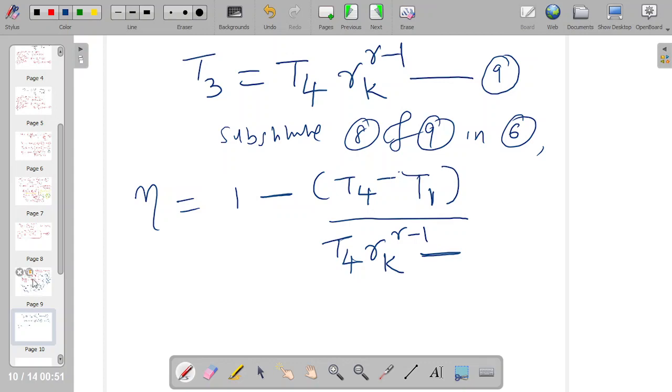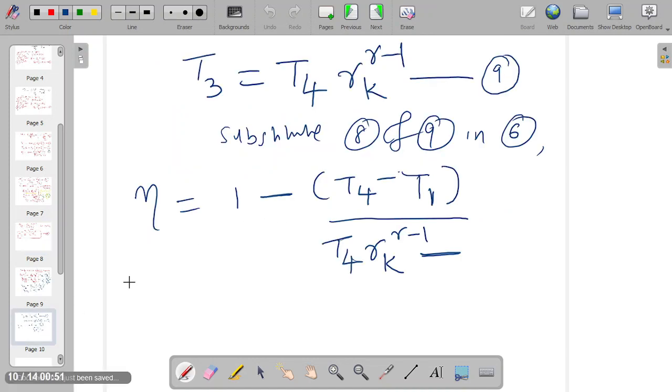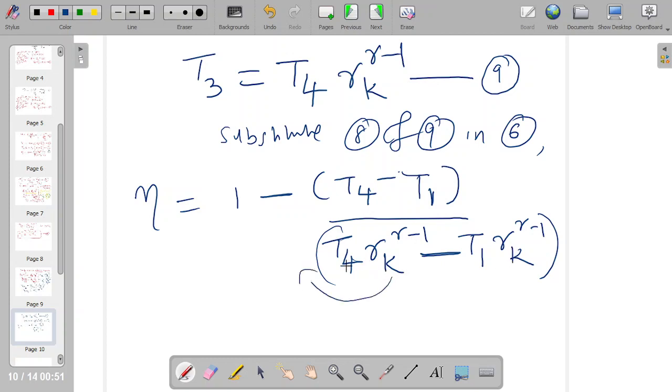What is T2 from equation 8? T2 is T1 into RK raised to gamma minus 1. So you can see here the numerator and denominator both have T4 minus T1 as a common term. So you can take this RK raised to gamma minus 1 outside.